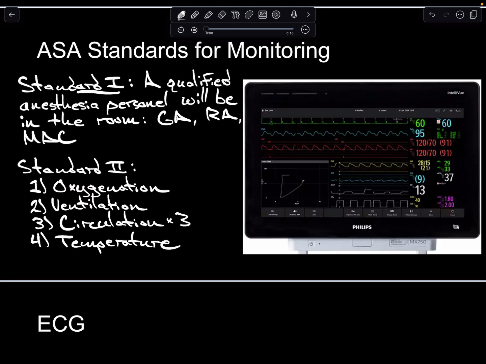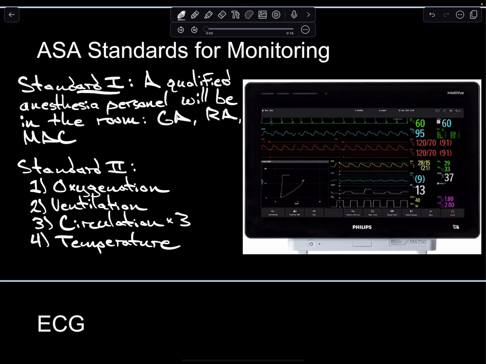So there's a couple different methods for measuring oxygenation. The first one is on the anesthesia machine. There has to be a fraction of inspired oxygen analyzer, and that must contain a low oxygen concentration alarm. And then with all anesthetics, a quantitative method of assessing oxygenation.